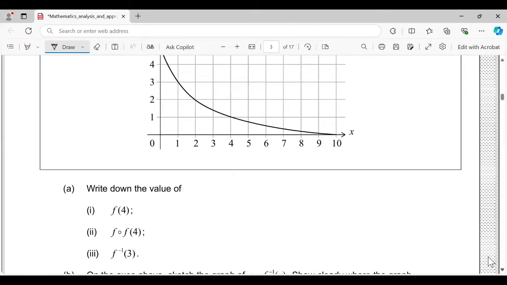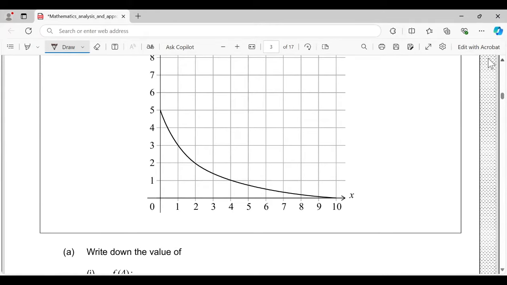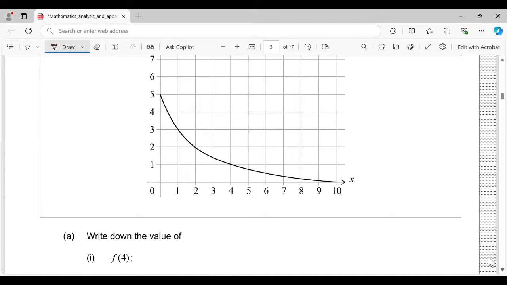Write down the value of f(4). The intercept point here, f(4) equals 1. Because if x equals 4, it means y equals 1, because that is the function of y equals f(x).